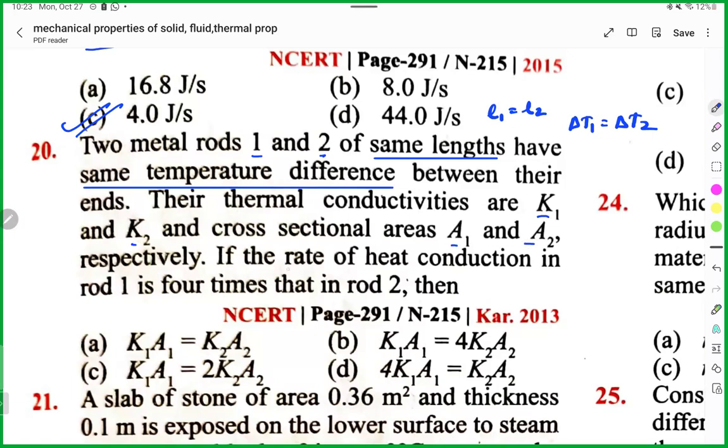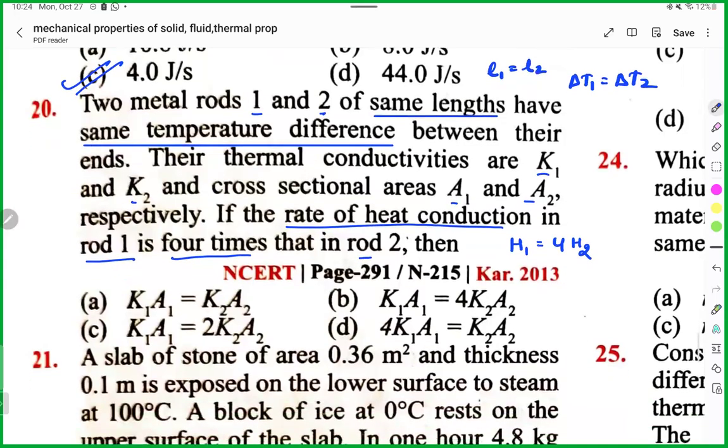If the rate of heat conduction in 1 is 4 times that of 2, you have to calculate their relation. Solve it. All four of you solve it and then tell me the answer.